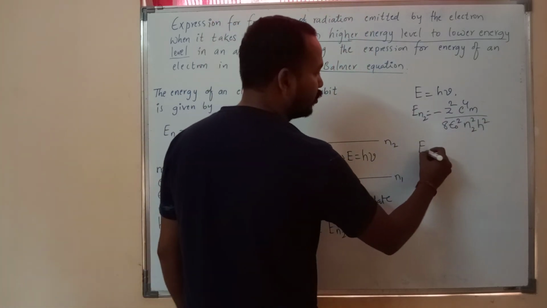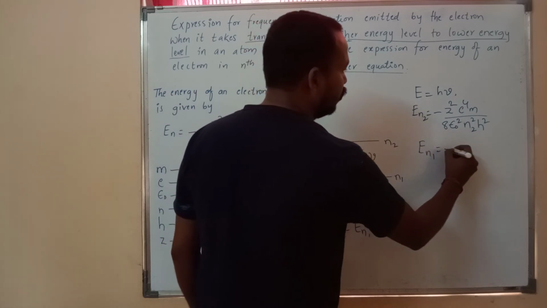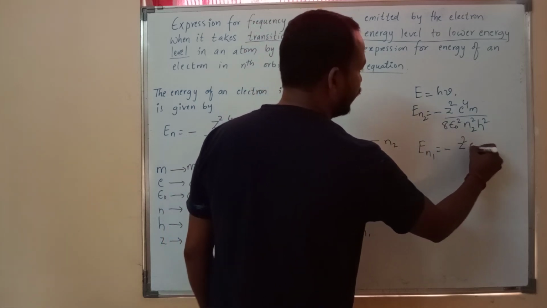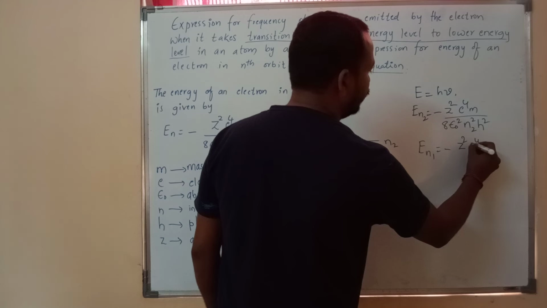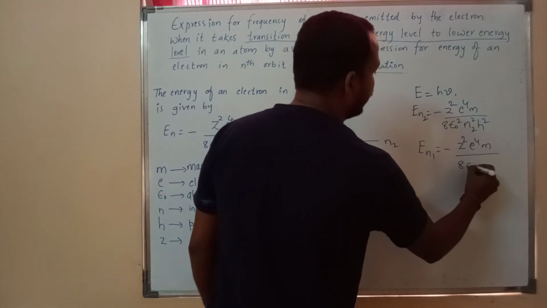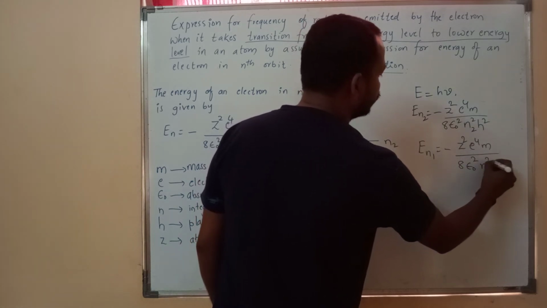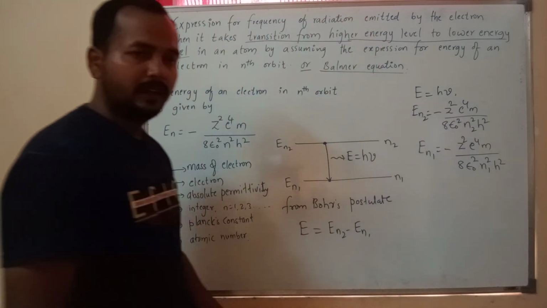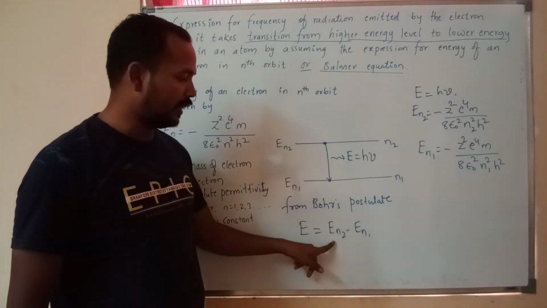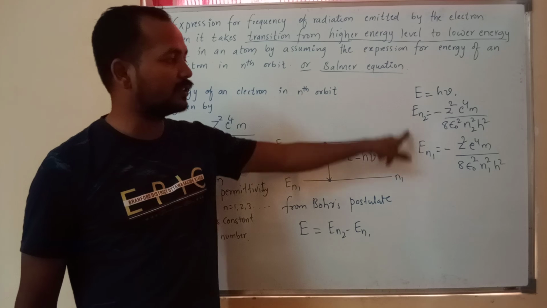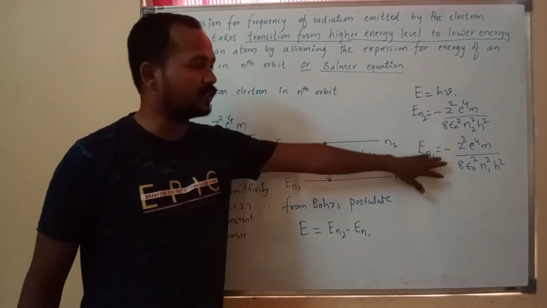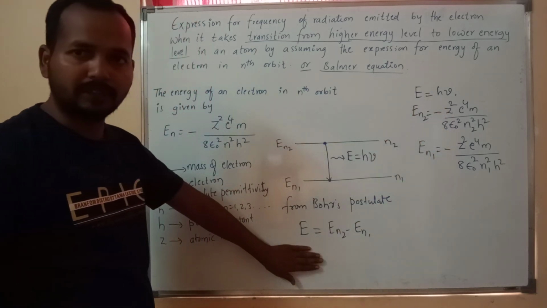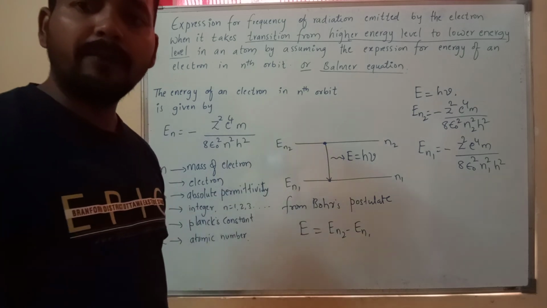Similarly, En1 I have to calculate, which is equal to minus Z square e raised to 4 m upon 8 epsilon naught square n1 square h square. Right? We have En2 and En1, all these three values we have, and I have to substitute them in this equation. Let us see what happened.